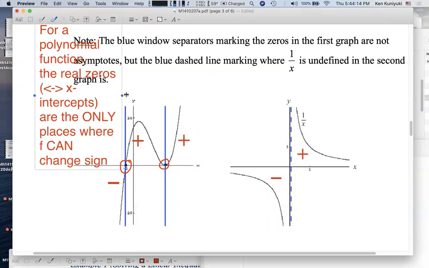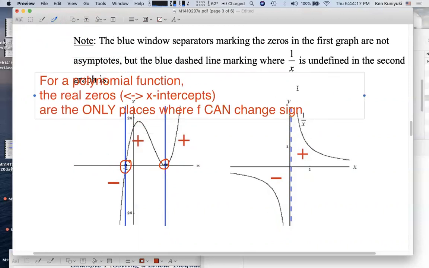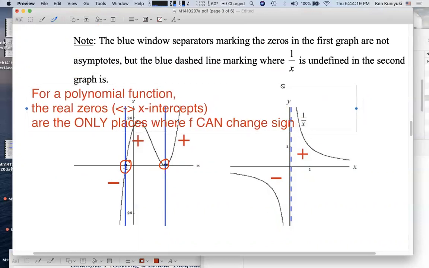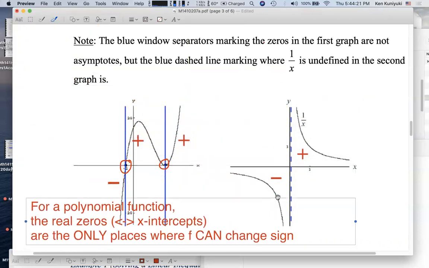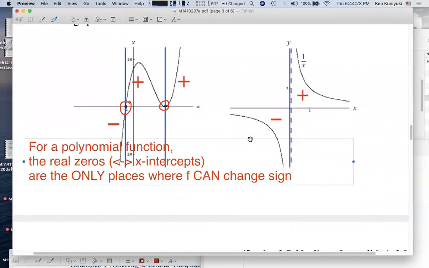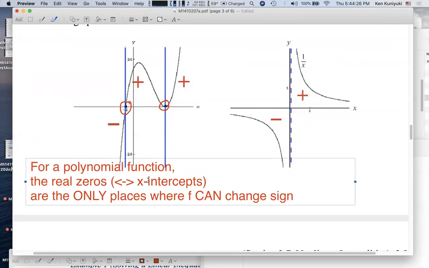A lot of writing there. Right. So for a polynomial function, the real zeros, which correspond to the x-intercepts, are the only values of x where the function can change sign, but it doesn't have to.